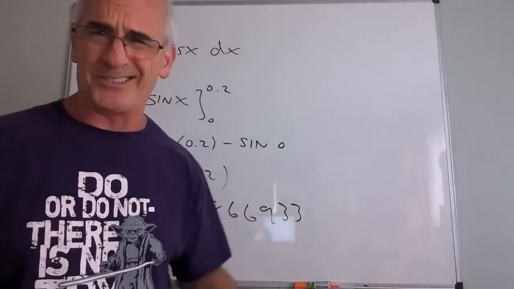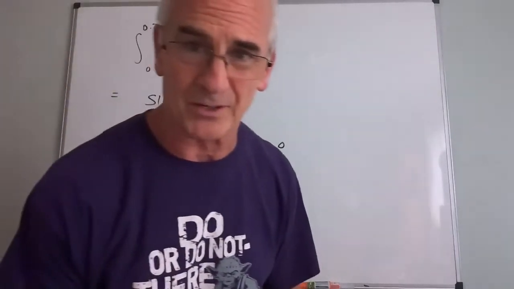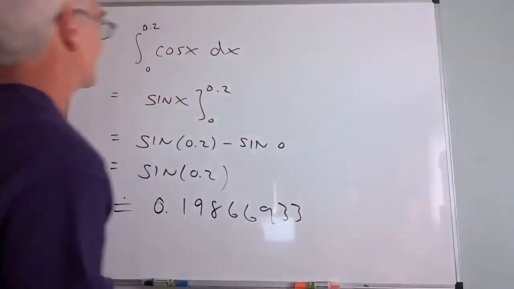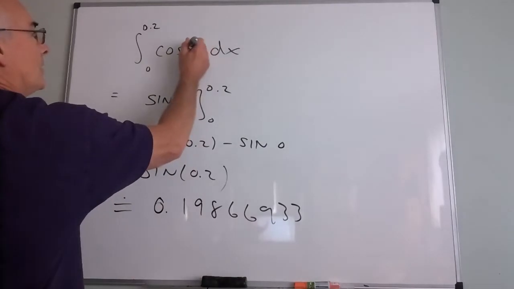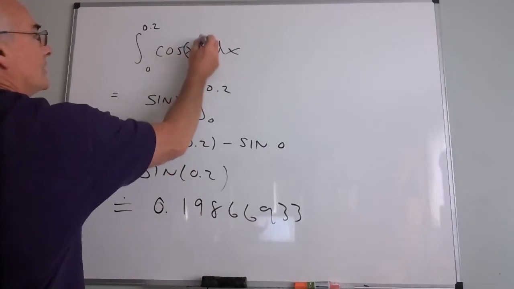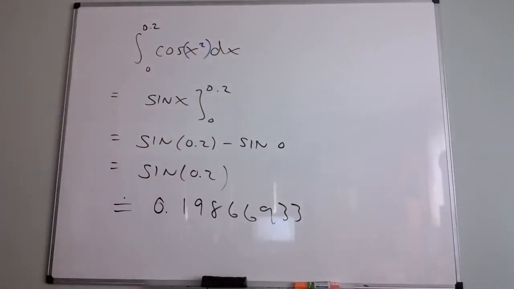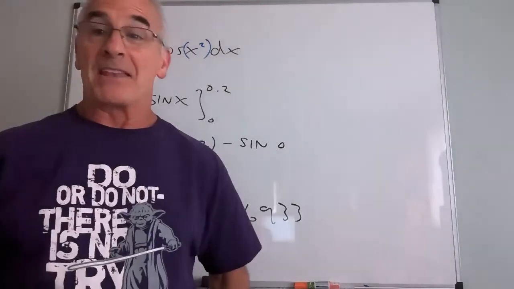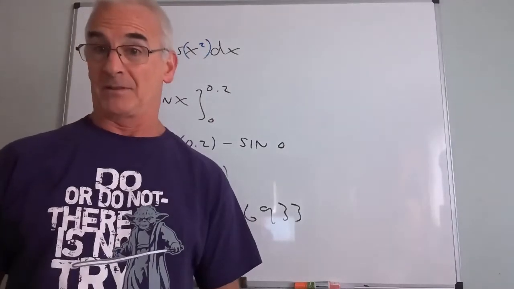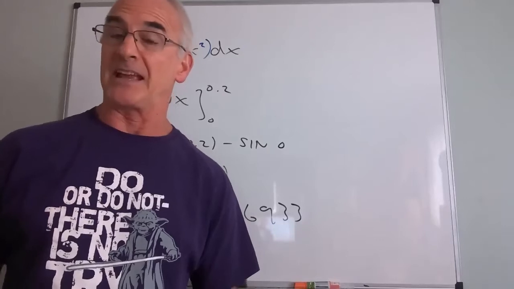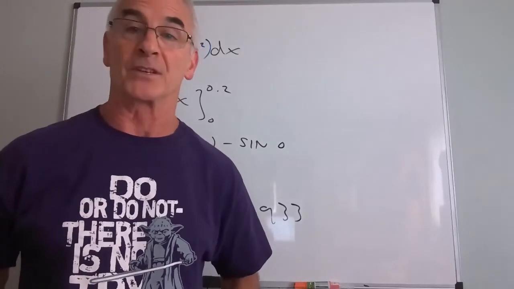You say, well, this is like day one of Calc 1 integration. You're right. This is day one of Calc 1 integration. So let's change the problem. Let's make it, I don't know, how about the integral of cosine of x squared? Now, I might be able to cleverly manipulate this in such a way that I can solve this.